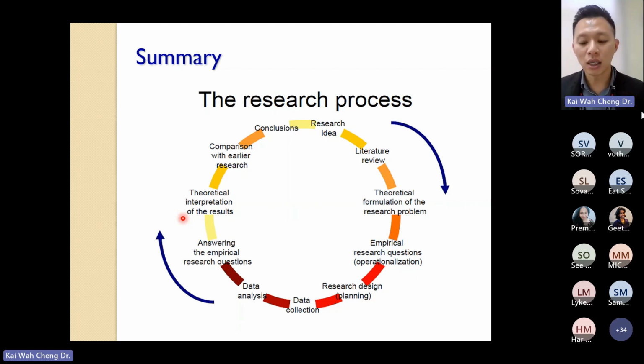That is why you should find some previous research to compare your current research output with the previous research output, and see whether the direction of the research output is aligned or contradicting each other. So this is what you are supposed to do here.